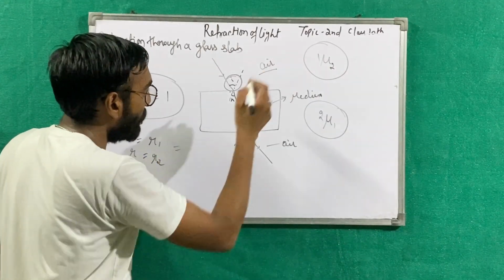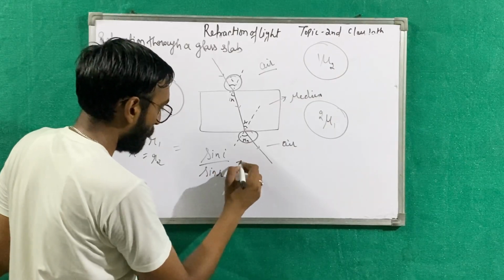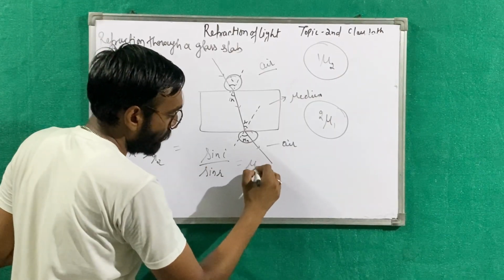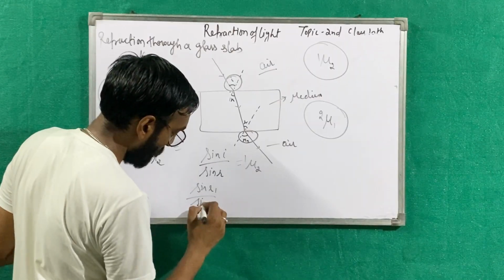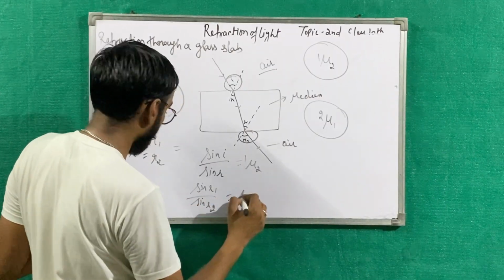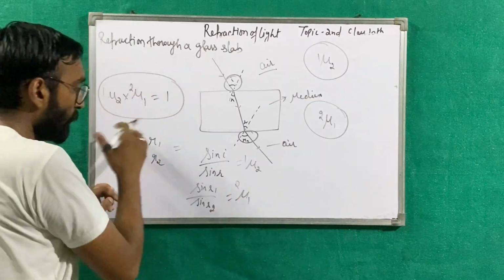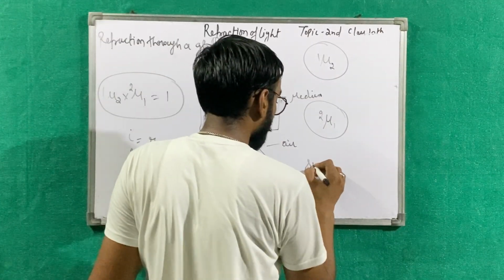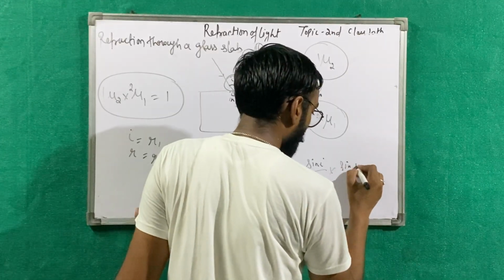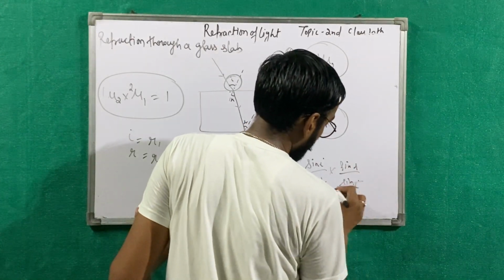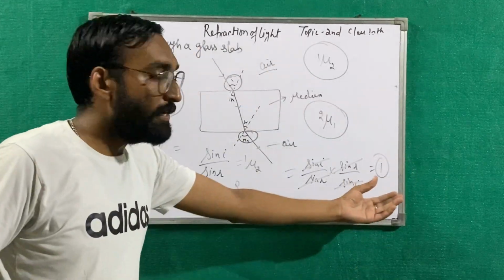If we put the values, sine of I by sine of R is equal to mu1 to 2, and sine of R1 by sine of R2 will be equal to mu2 to 1. So rearranging these values, we have sine I by sine R into sine R by sine I. Sine I and sine R cancel out, and the value will be equal to 1.